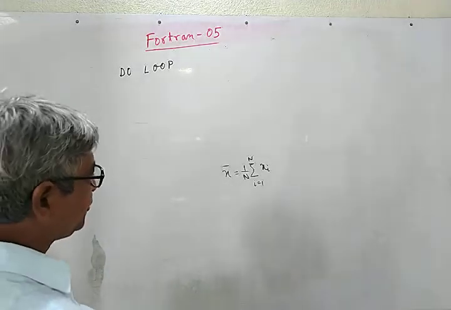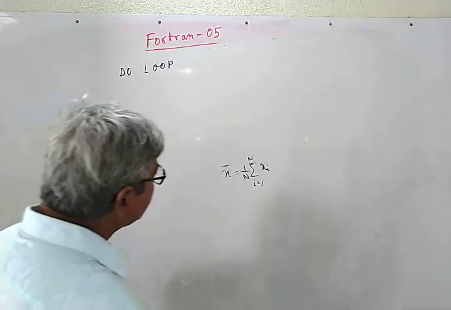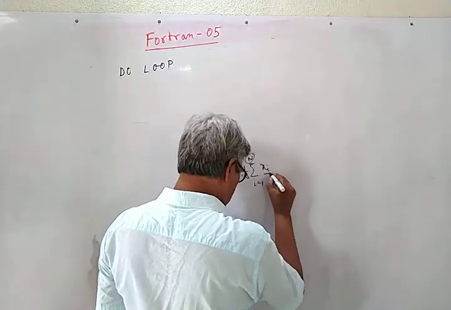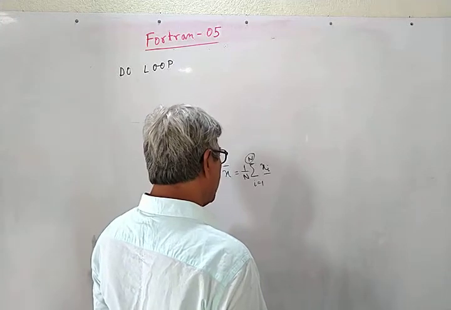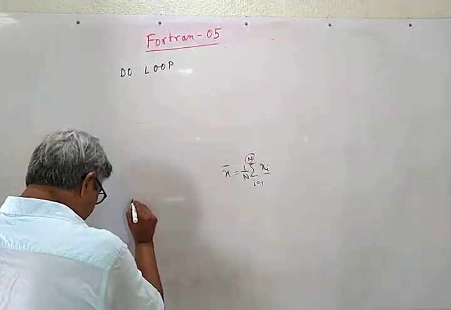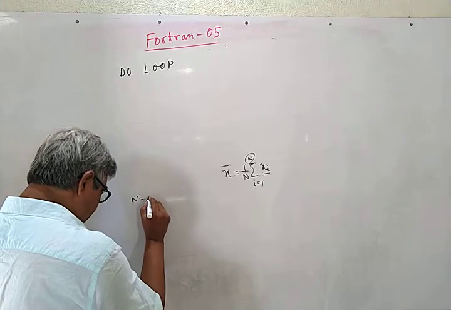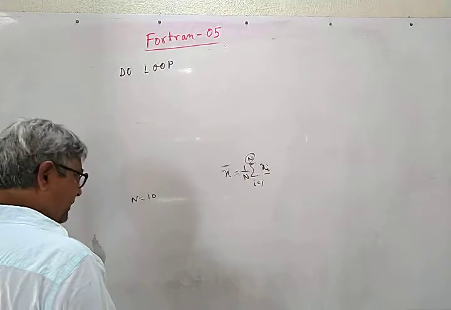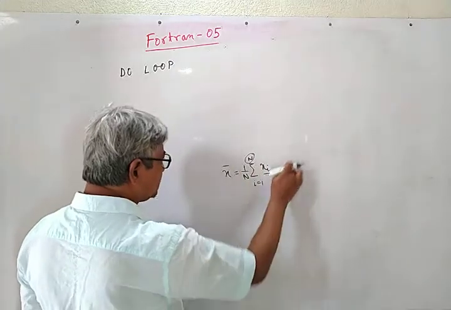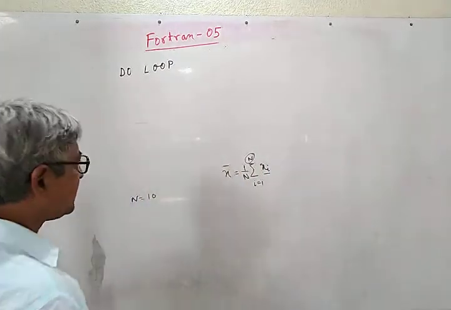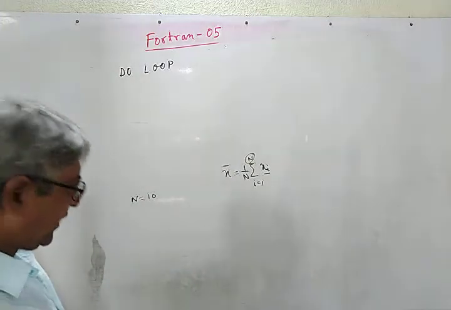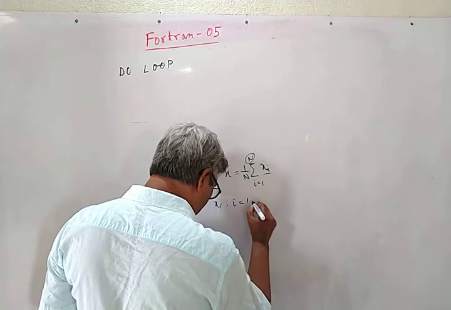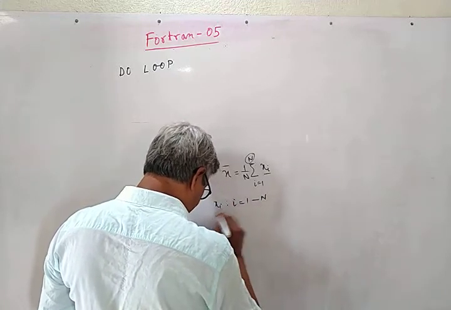So what we need to calculate is that first we need to know the value of n, and then we need to know the values of x. Say n is equal to 10, then we need to know x1, x2 up to x10, and then we need to sum them. The first problem that I am doing is to read xi from i equal to 1 to n and write them.